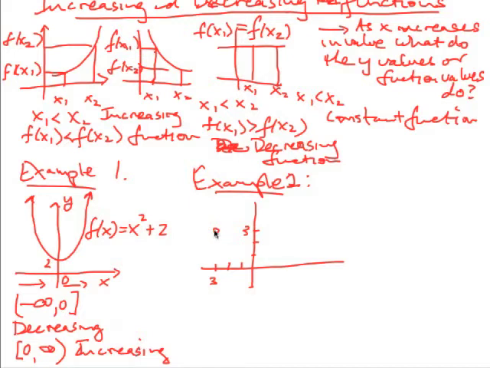So here's negative 3, 3, and here we have the point 3, 3. So it comes across like so. And then at 3, 1, we have it do this.